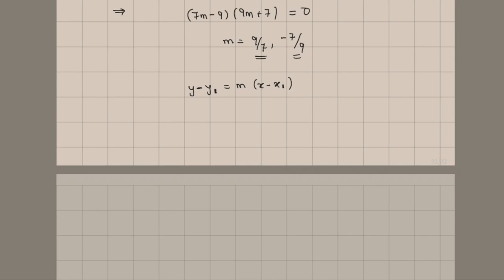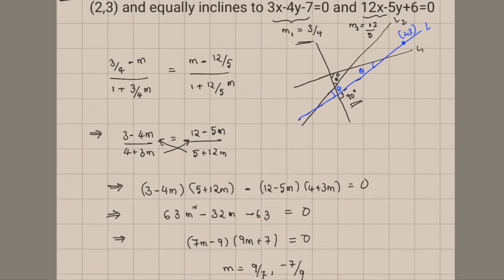So y minus 3 equals, if you take slope 9 by 7, then x minus 2. This is one equation. And if you take the other slope, y minus 3 equals minus 7 by 9 into x minus 2, which gives another line, which is this line. Not this line, because this line is perpendicular.